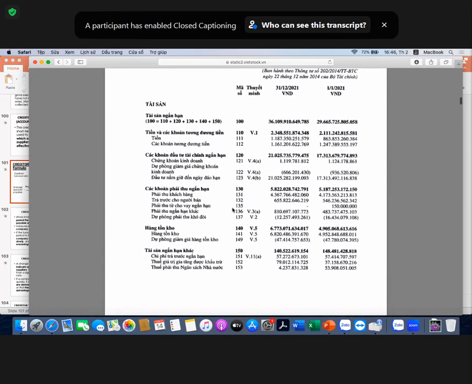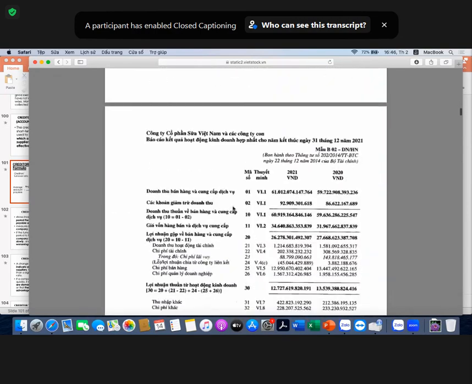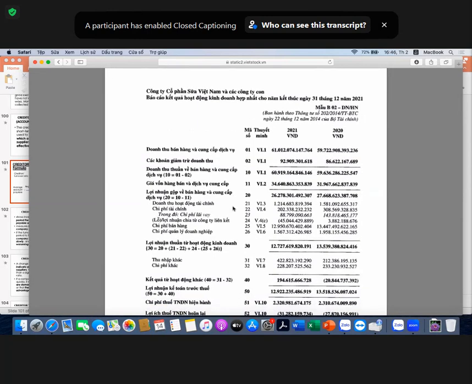What is the cost of sale in this case? Yeah, it has the code number 11. The cost of sale or the purchase is the supplier purchases, dividing by average account payable.